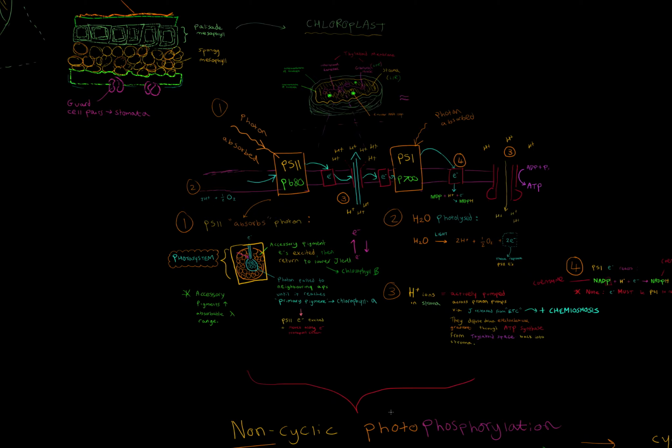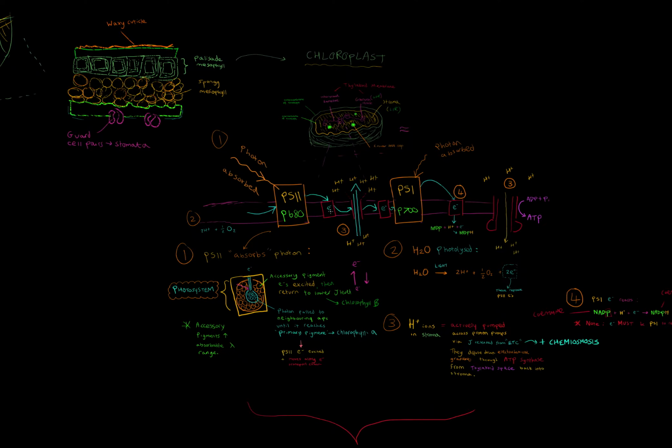The reason why we call it this is, well, photo means light. It's the light dependent reaction. It requires light, as you can see up here. And we say it's photophosphorylation because the end product is, indirectly, ATP. We're phosphorylating ADP to form ATP.